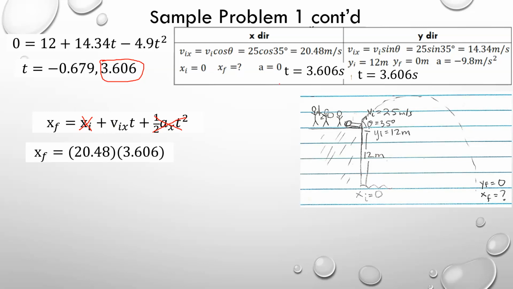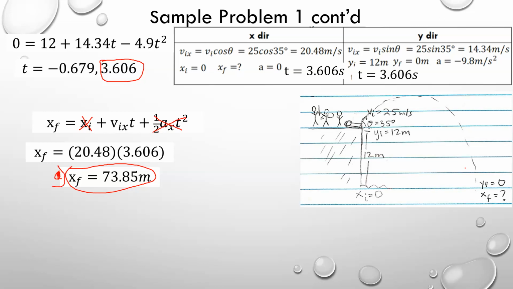And we know that Vix is 20.48, and we know that the time is 3.606. And we get that the final position in the x direction is 73.85 meters. And so this is our answer, and I can't seem to draw an A. There we go. This is our answer to part A.